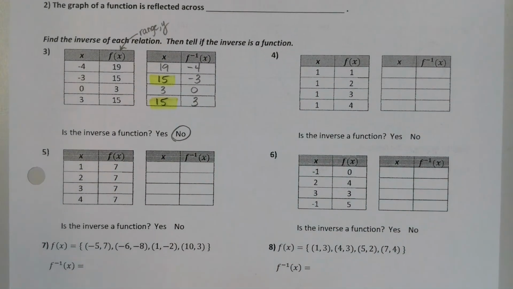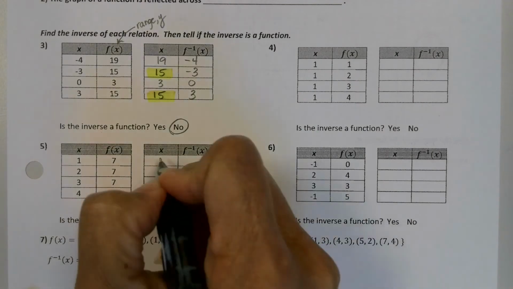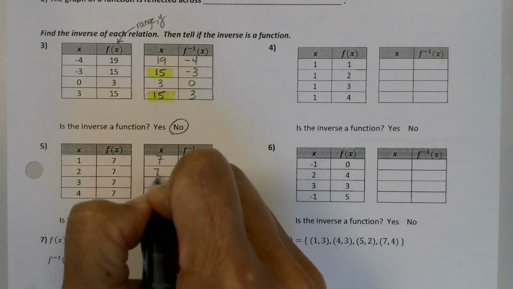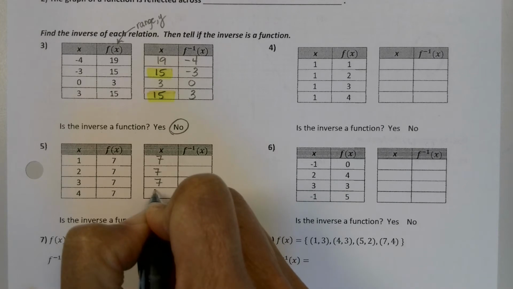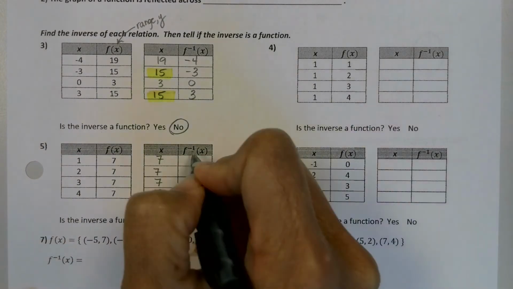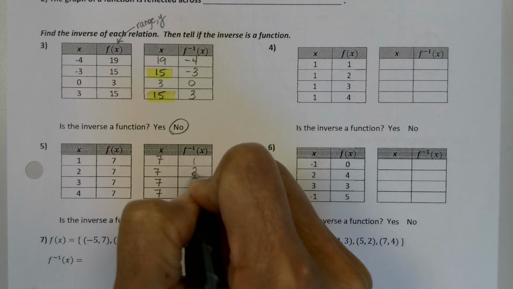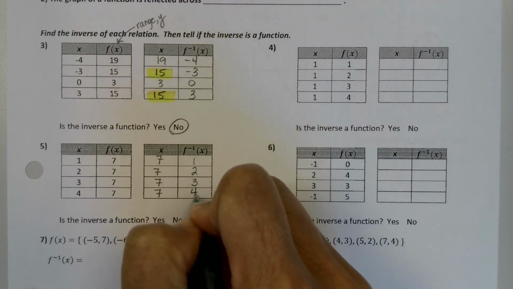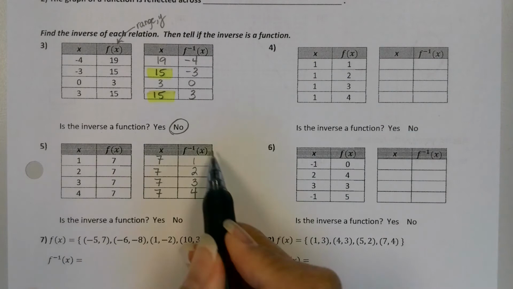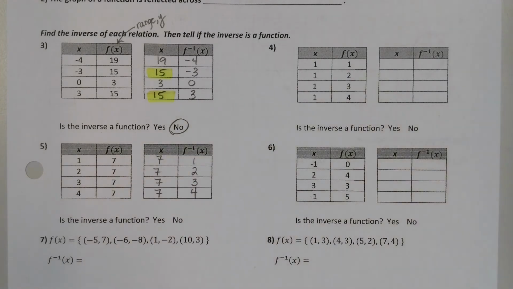Let's look at number 5. Again, write your x's down, which are your former y values, and write the y values of your inverse function, which are your former x's. Is this a depiction of a function?